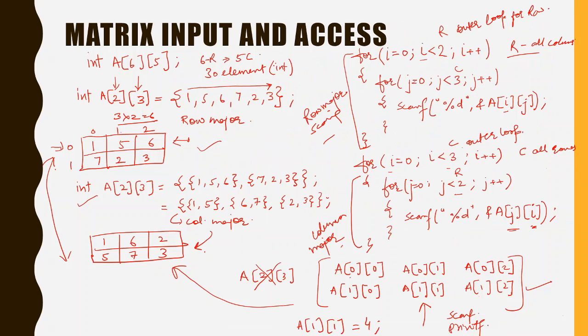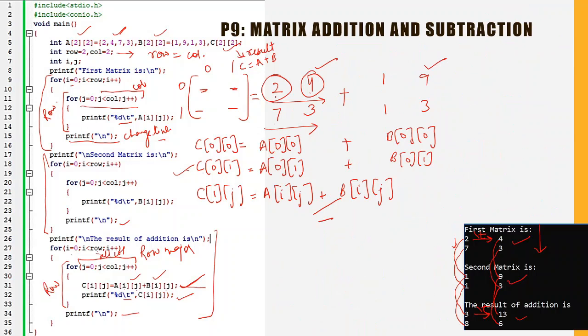For this element and this element, i is less than j. For this element, i is not less than j. So the interchange will happen for these elements only. Where i is not less than j, the interchange will not happen.